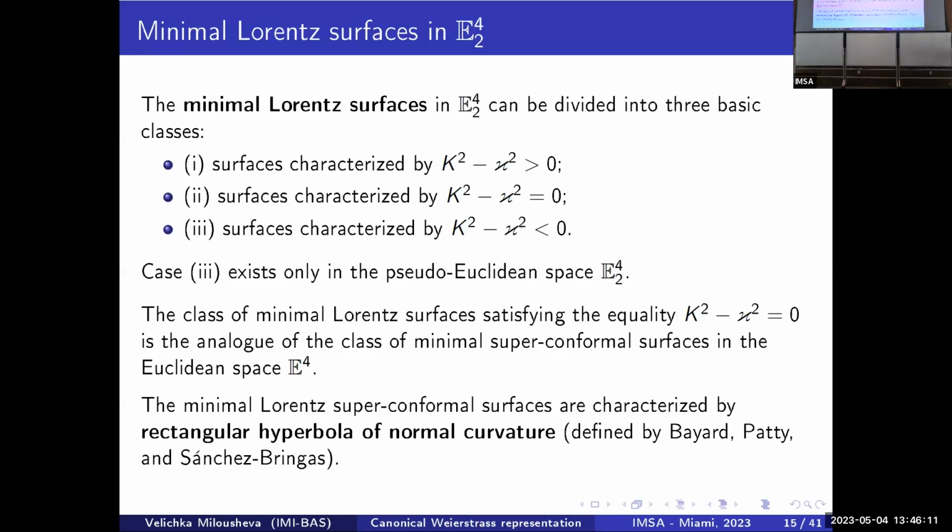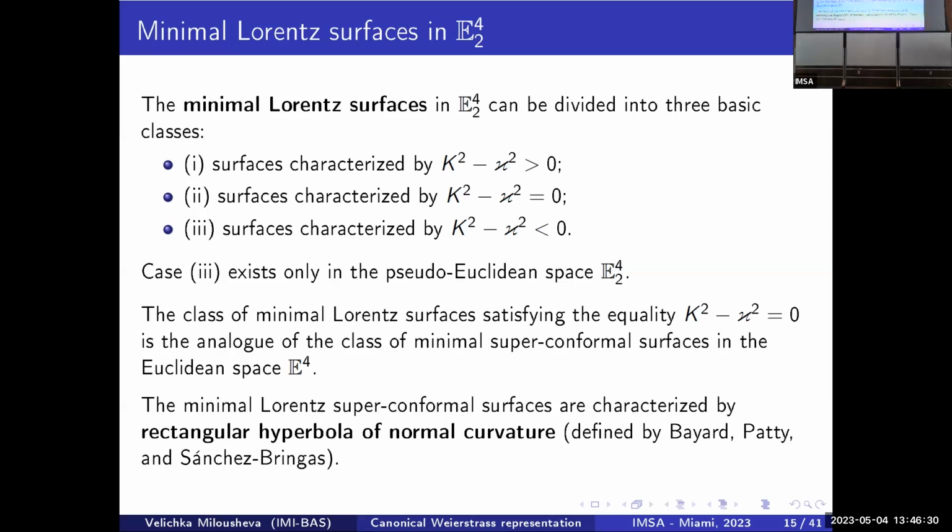In the first one, we have k squared minus kappa squared is greater than 0. In the second class, the surfaces are characterized by equality. And in the third class, k squared minus kappa squared is less than 0.